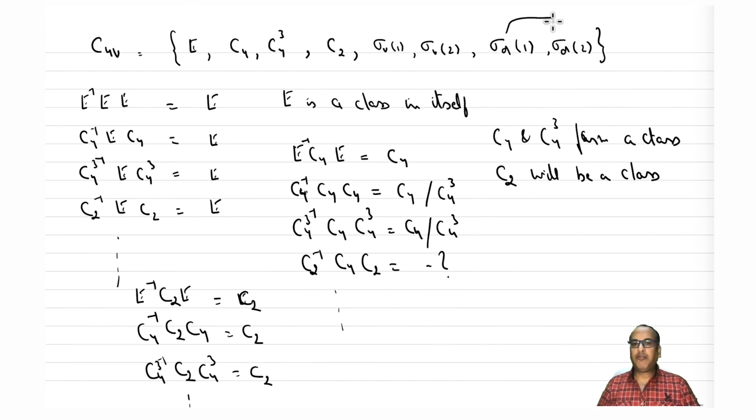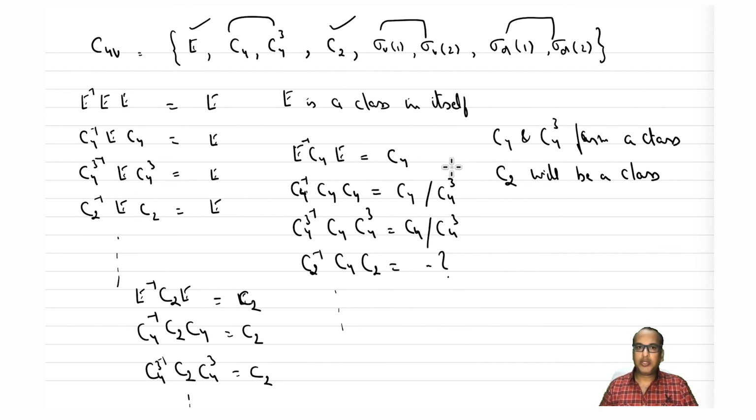So these two will form a class, these two will form a class, these two will form a class, this will be a class in itself, this will be a class in itself. Now try to work out yourself taking an example. If you want an easier example, maybe take NH3 for C3v and see which elements form a class.